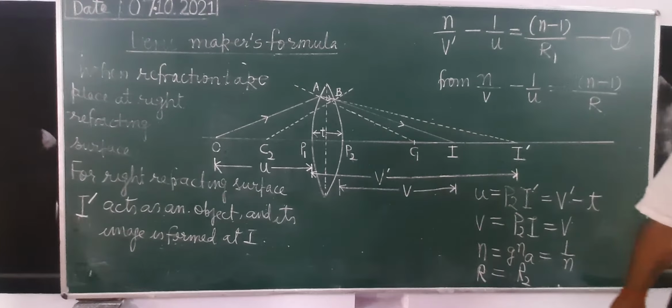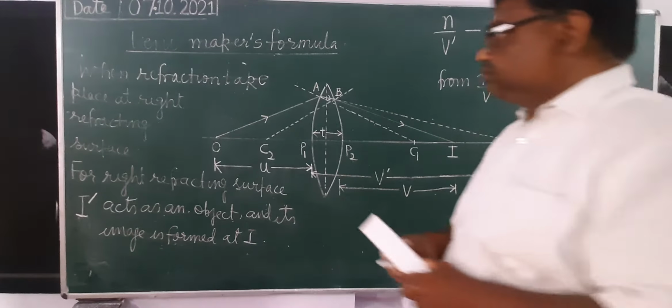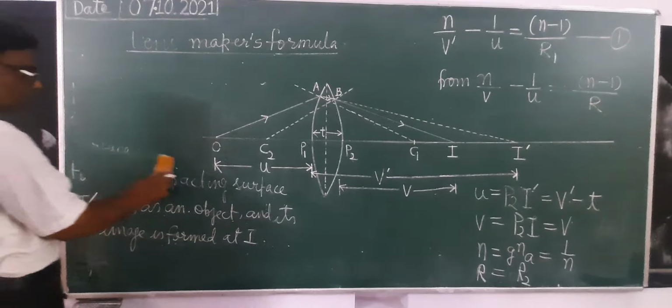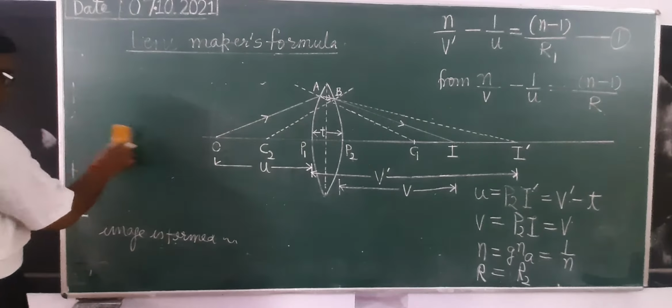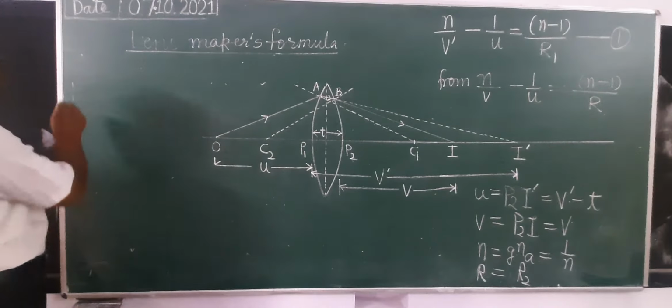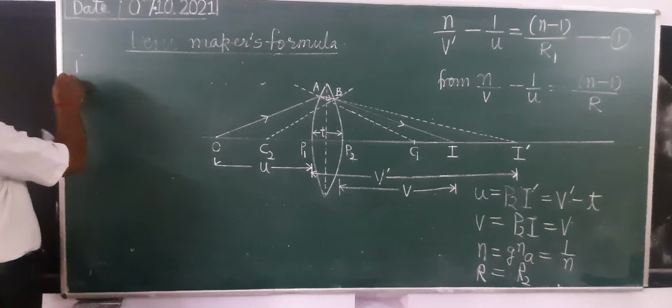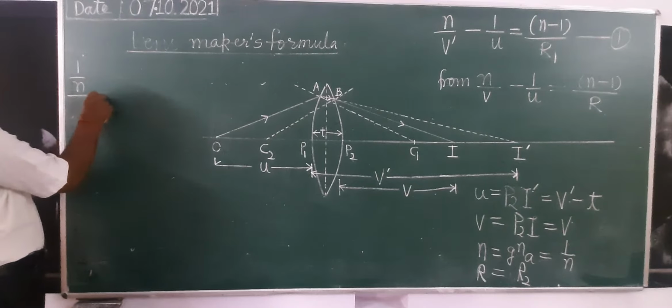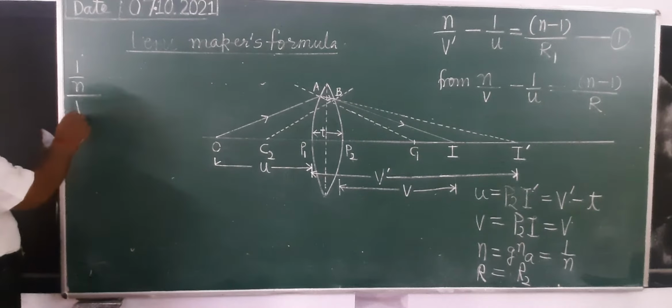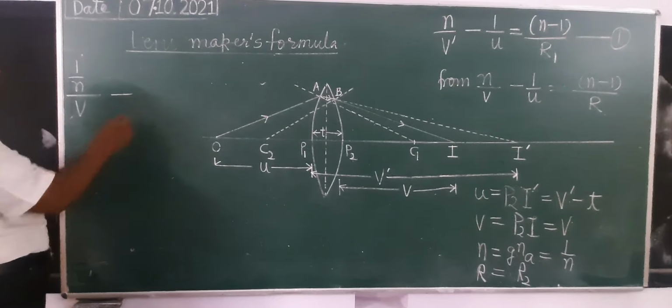We substitute. When you will substitute, here in place of n it is 1 upon n, upon v. What is v here? It is equal to v minus 1 upon u.